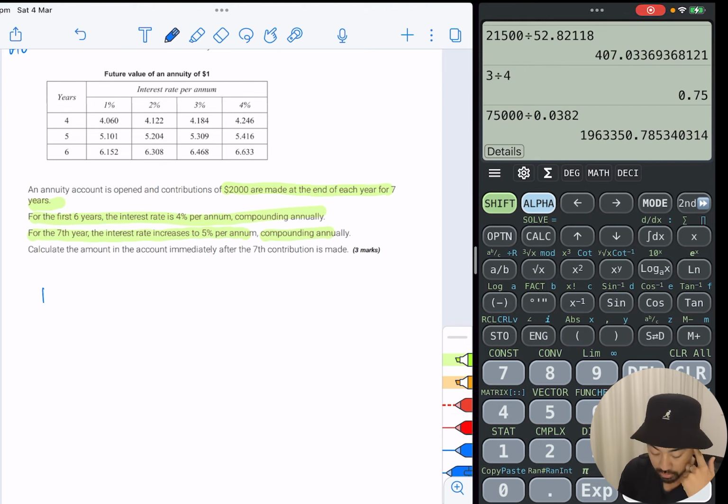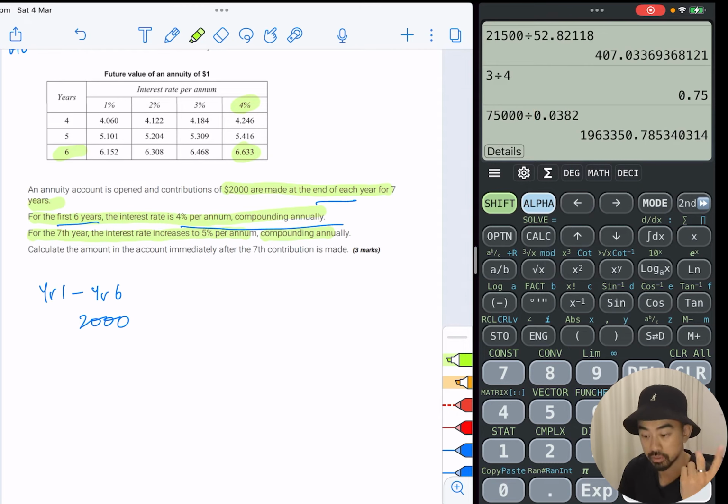Okay, so the first 6 years, I'll just go, maybe I'll write year 1 to year 6. She is doing $2,000 each year for 6 years, compounding annually. So that's going to be 6 years at 4%, so our interest factor is 6.633.